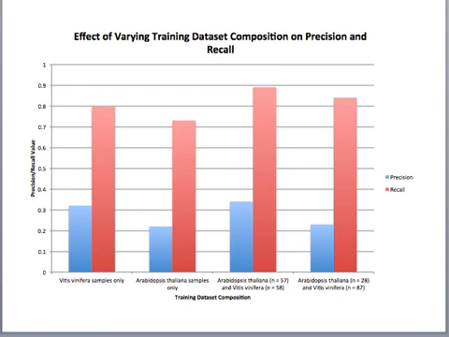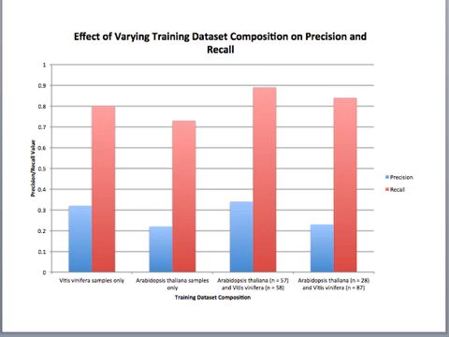Then we looked at the effect of varying the training data set on precision and recall. We were kind of surprised to find out that if you're looking at Arabidopsis thaliana, which is a plant, for example, and you're trying to classify those microRNAs, you're not necessarily going to just want to train with Arabidopsis thaliana samples. Instead, we found that a mixture of different species worked best.